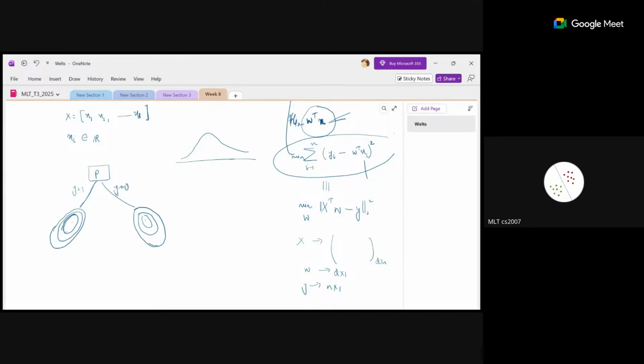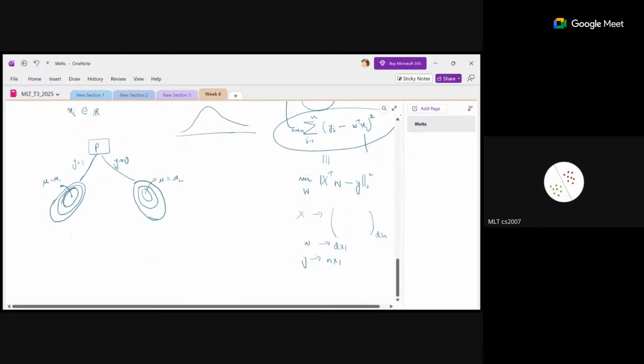When y is equal to 1, let's say the mean is mu1, and when y is equal to 0, the mean is mu2. So given y is equal to 1, we assume the distribution of x follows a normal distribution with mean mu1 and some covariance matrix, call it sigma.